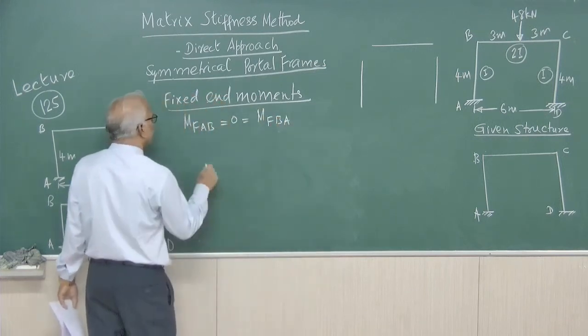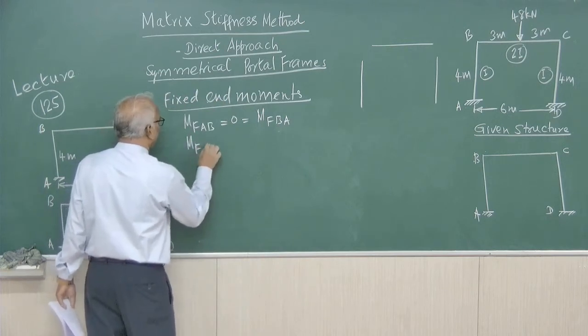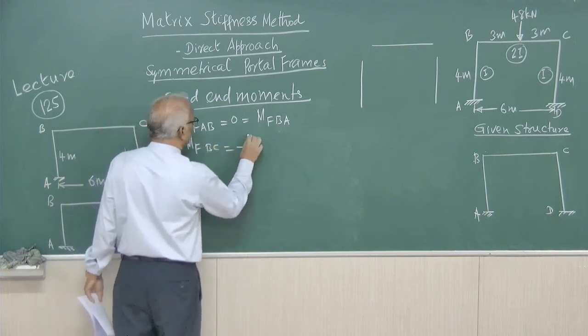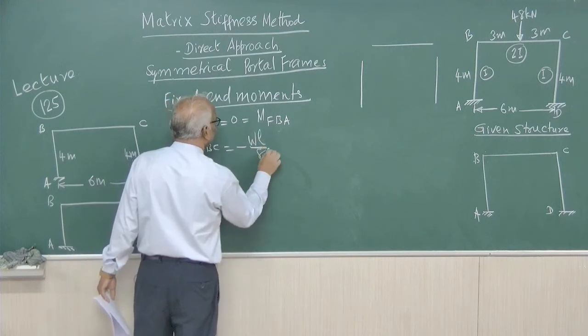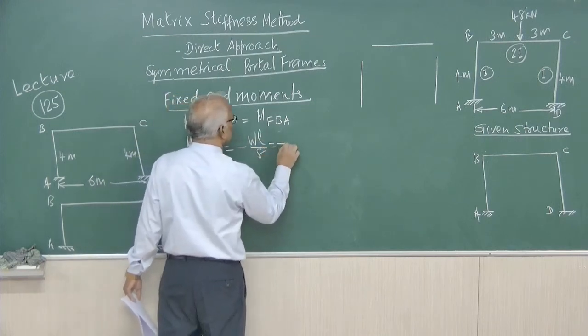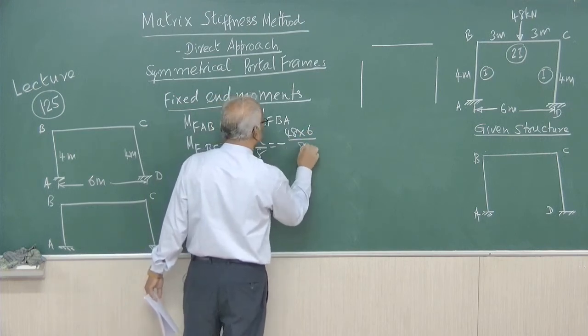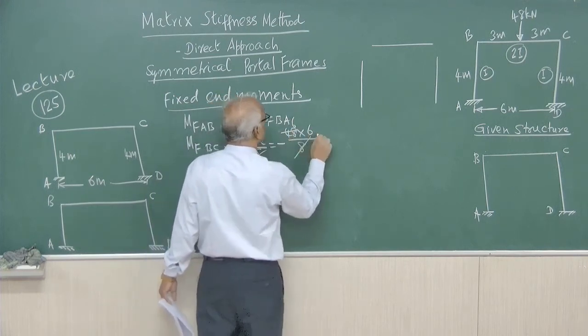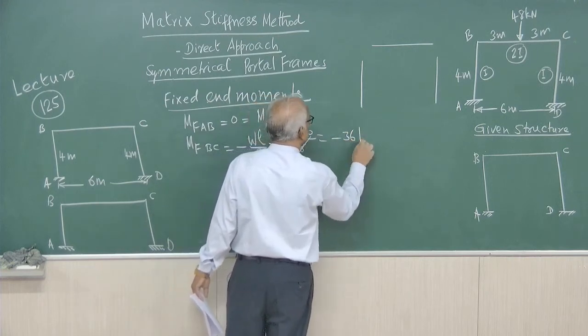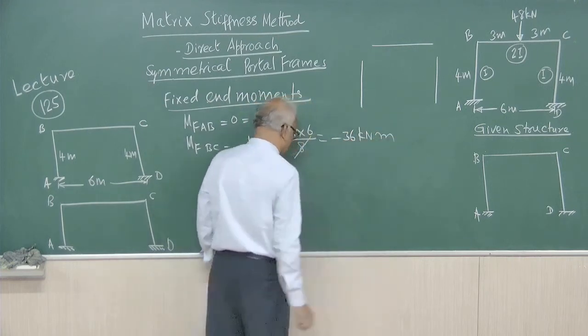MF BC equal to minus WL by 8, equal to minus 48 into L, which is 6 meters, by 8, equal to minus 36 kilonewton meter.